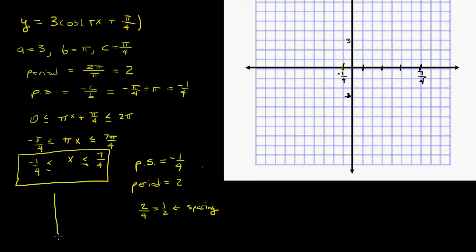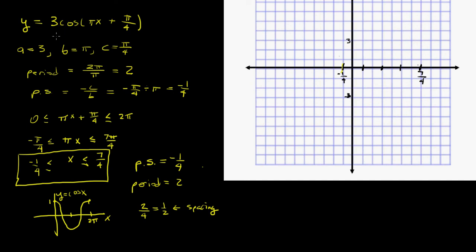Normally, cosine would start up here at 1 on the y-axis at x equals 0, and then complete one period at 2 pi. And this is just for the standard y equals cosine x.